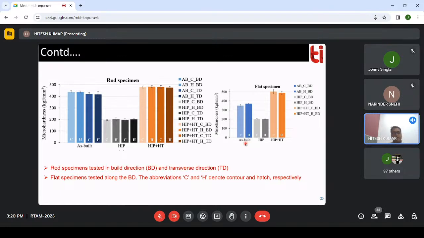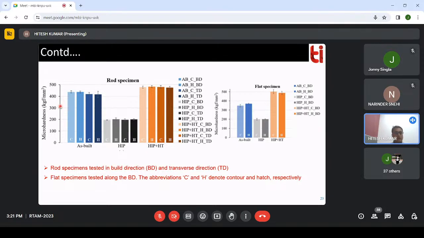We differentiate it into different parts: one is the build direction as-built sample, another is HIP, then HIP plus heat treated. This one we observed for rod samples.